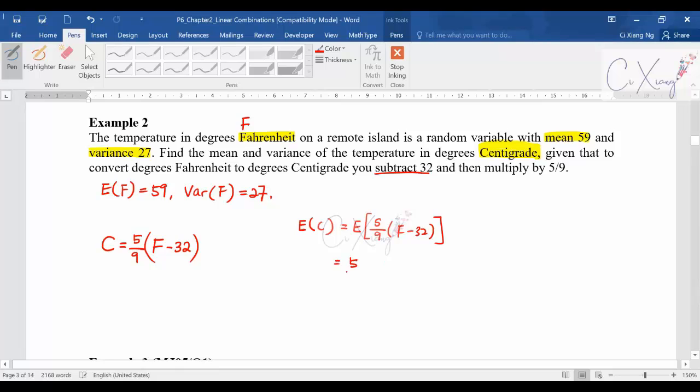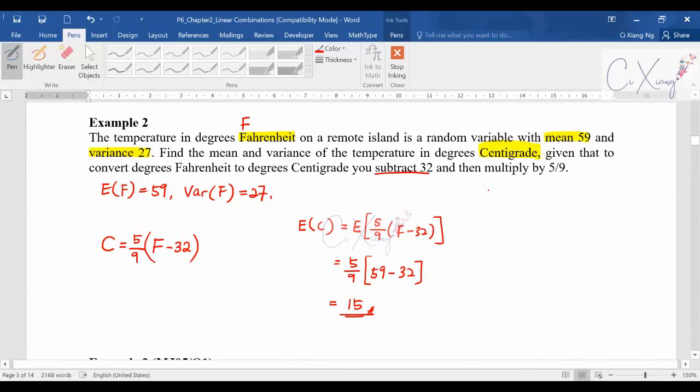If you pull out the 5 over 9, it is still 5 over 9, and you have E(F). What is E(F)? 59, then minus 32. Therefore, you should get the answer 15. Again, you will see that I didn't write out my steps in a very detailed way. As long as you understand how to get the answer, it should be okay. No need to write very detailed like what I did just now.